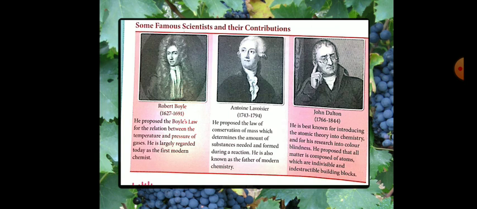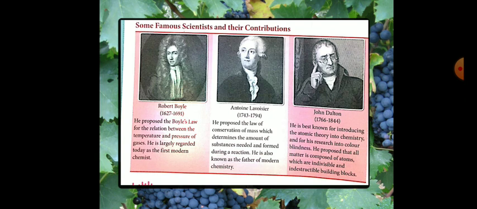Now, the first picture you can see is of Robert Boyle. He discovered the relationship between the temperature and pressure of different gases. By changing their temperature and pressure, what will be the differences? He is also regarded as the first modern chemist.